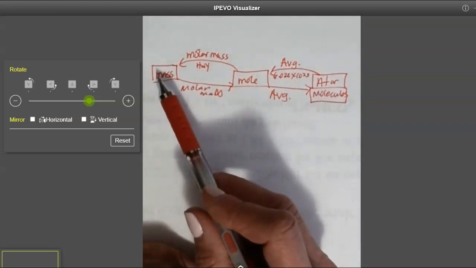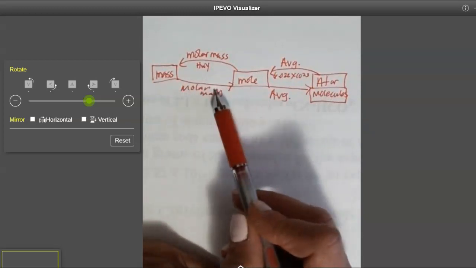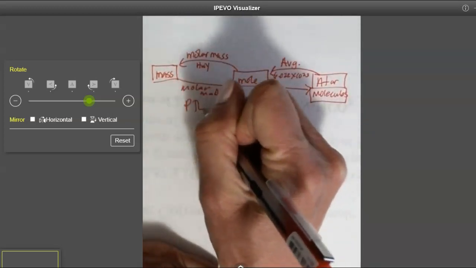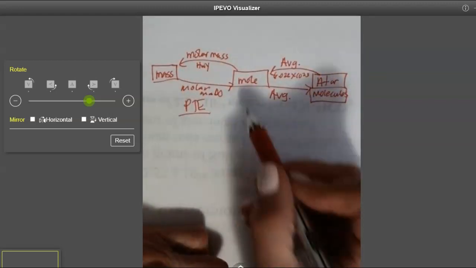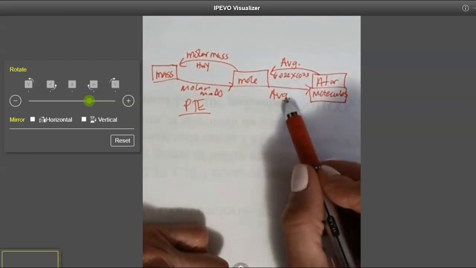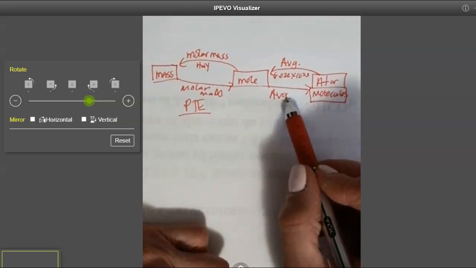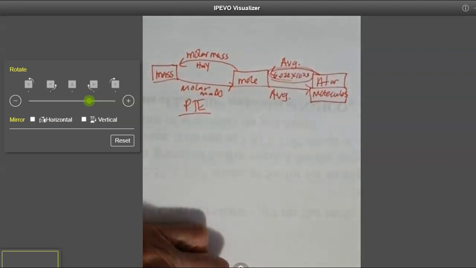If I'm converting from grams to moles, I jump on the molar mass highway. I am going to use the periodic table of elements to make my conversion factors. If I am going from moles to atoms or molecules, I'm going to jump on Avogadro's highway, and the number I am going to always use is 6.022 times 10 to the 23rd.